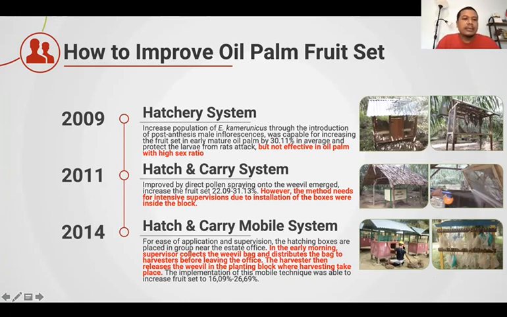And then we call it the hatch and carry mobile system, because in the early morning, the supervisor collects the weevil bags and distributes the bags to harvesters before leaving the office. The harvester then releases the weevils in the planting block where harvesting takes place. The implementation of this technique also increases the fruit set.